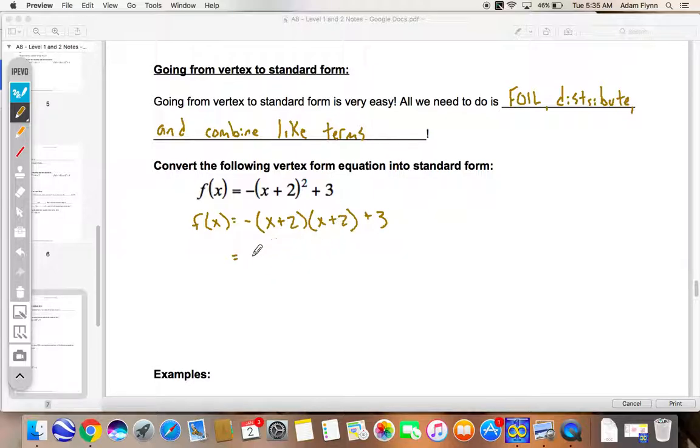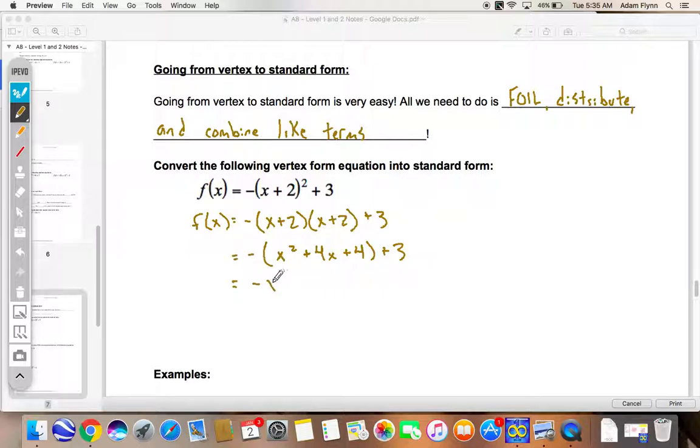So when I FOIL this, I get x squared plus 4x plus 4. And I have my plus 3. So I've FOILed. Now I need to distribute whatever my a is. So I just have a negative 1 here, or negative sign.